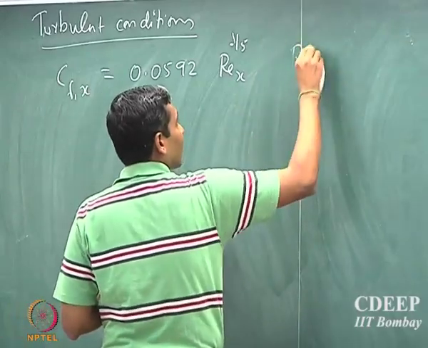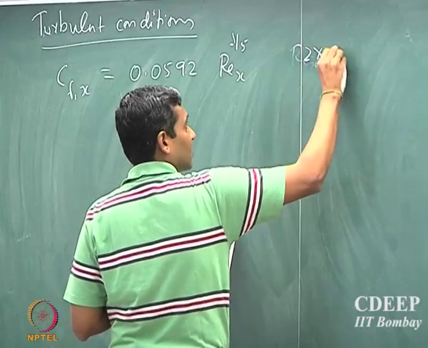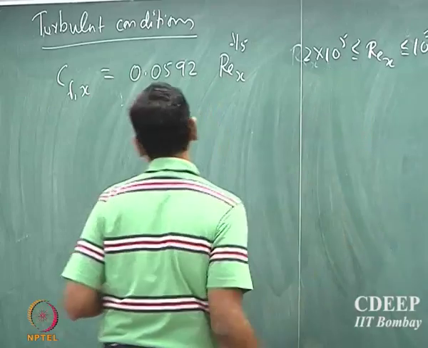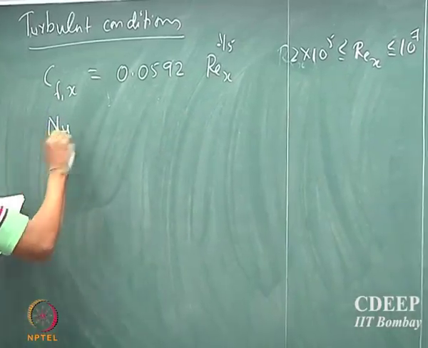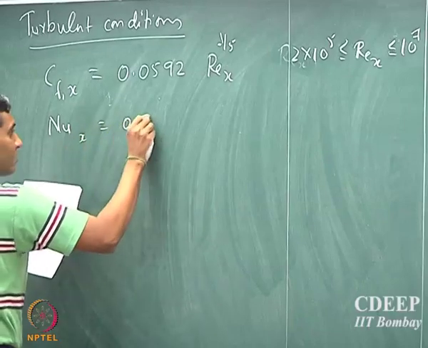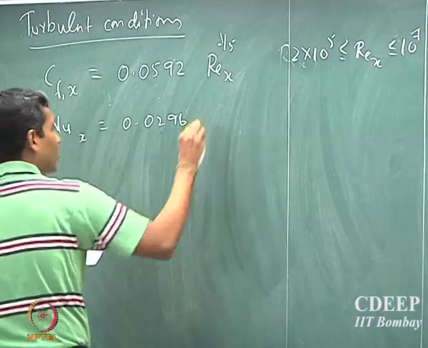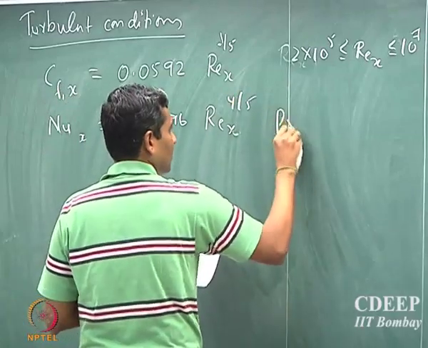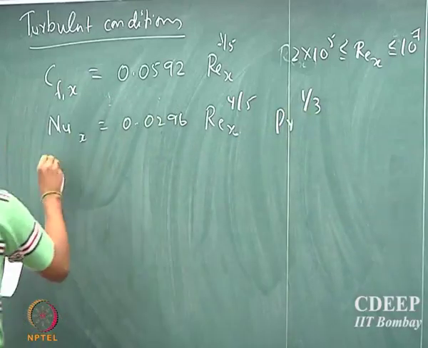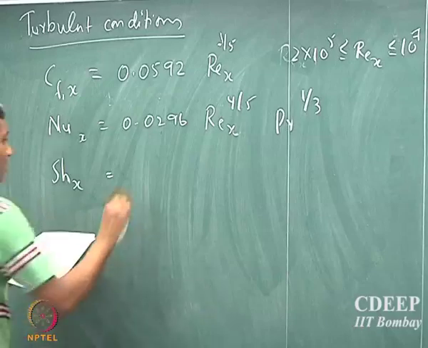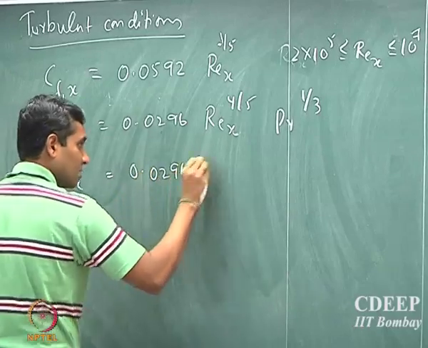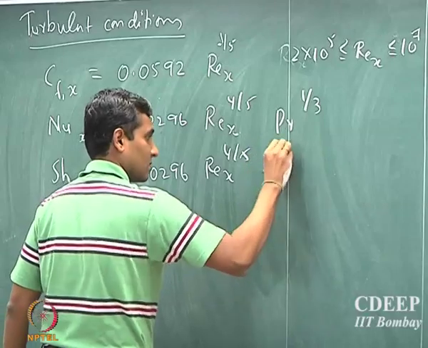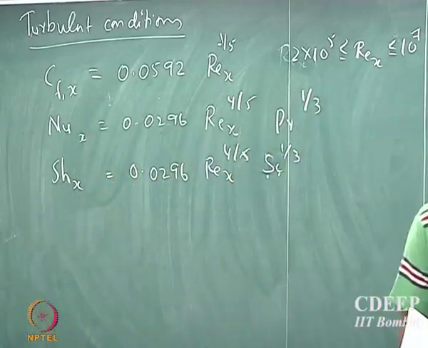So we assume that the Reynolds number is between 2 into 10 power 5 and the Nusselt number is given by 0.0296 into Rex to the power of 4 by 5, Prandtl number to the power of 1 by 3, and similarly for mass transfer. So that's for the turbulent conditions.